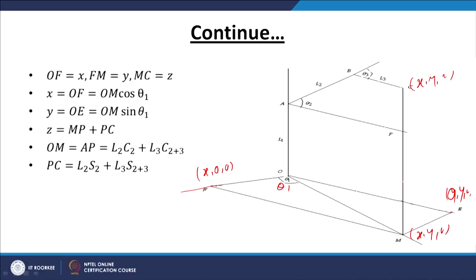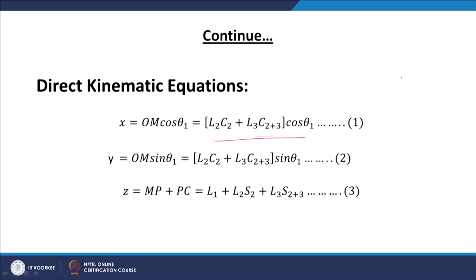This height is L1 from here to here, and this height is given by the 2 link manipulator from here to here as L2 sin theta 2 plus L3 sin (theta 2 plus theta 3). So, the sum of the whole thing is given by this expression. This gives the direct kinematics equation.